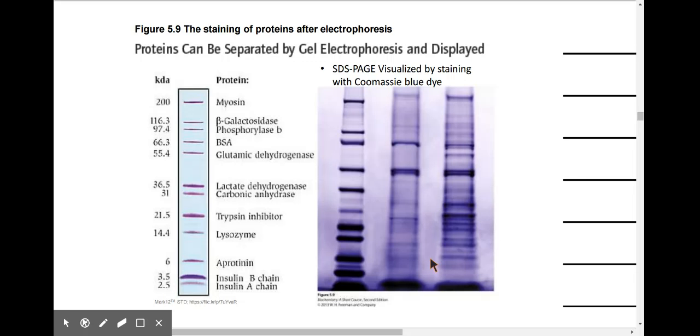And this is three different mixtures of proteins, so that we can visualize where all of our proteins are. And if we run a standard on this gel, which is another protein mixture, then we can compare the bands on the standard to the bands on our independent lanes of our protein mixture and make determinations about the size of those proteins.